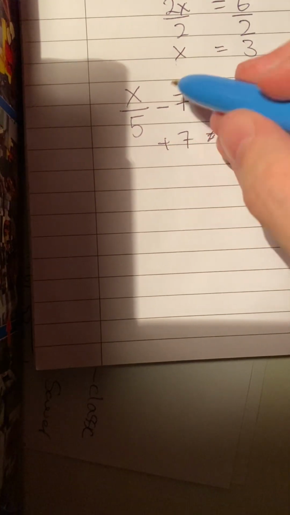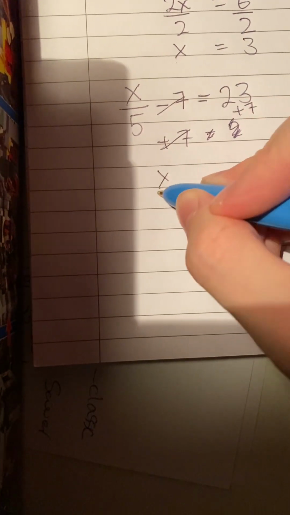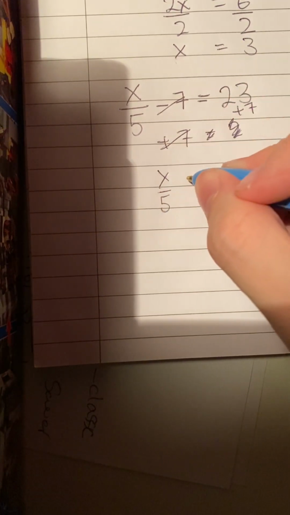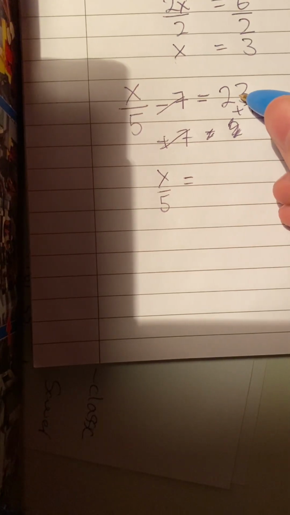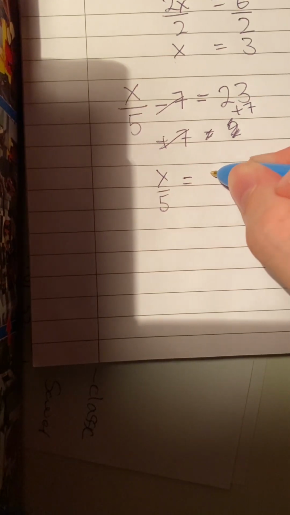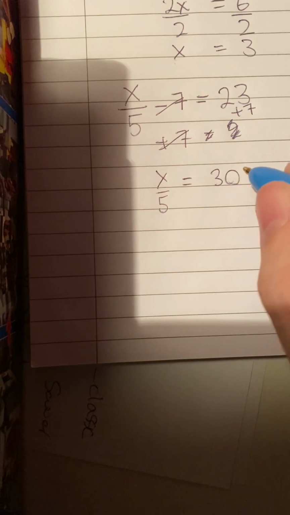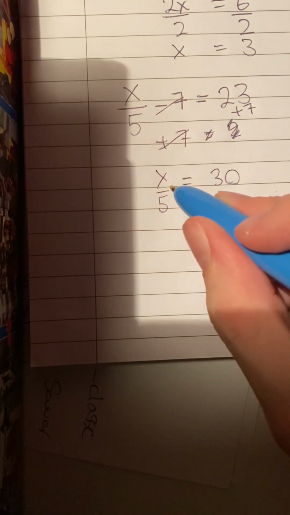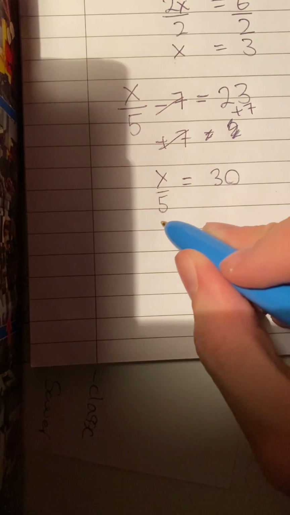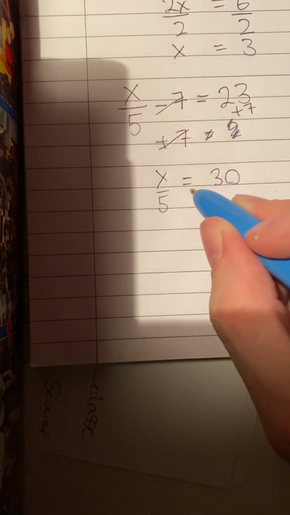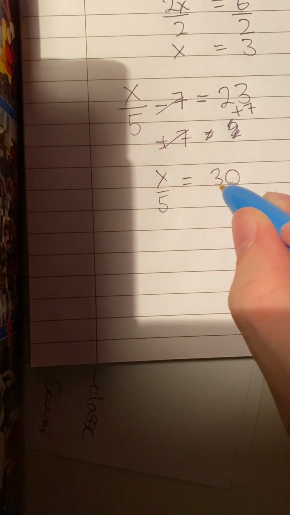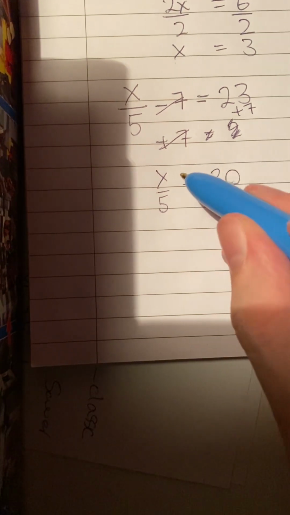So on this side, I'm going to have minus 7 and plus 7 cancel. So I'm going to get x over 5 equals 23 plus 7, which is 30. And now I have x divided by 5 equals 30. And it's very tempting to divide here, but you have to remember that you are using inverse operations.